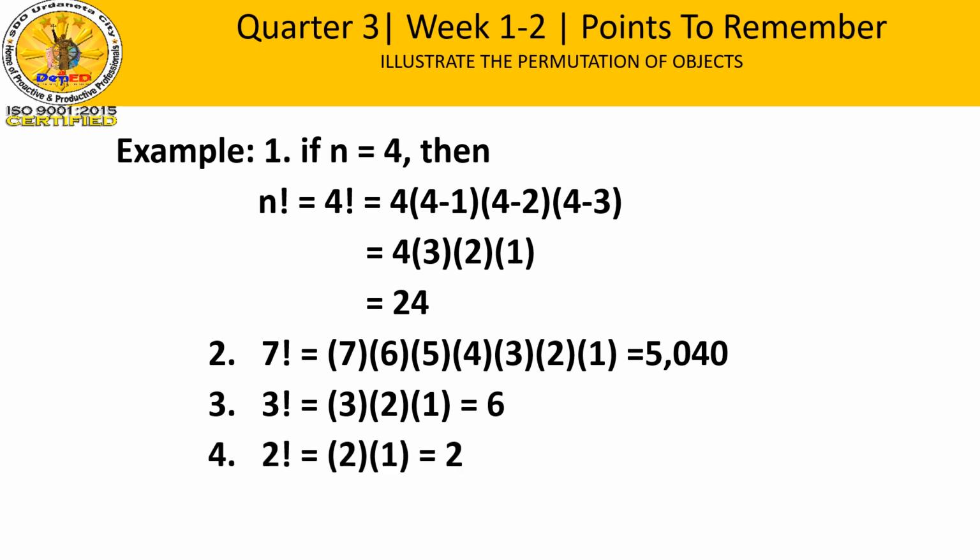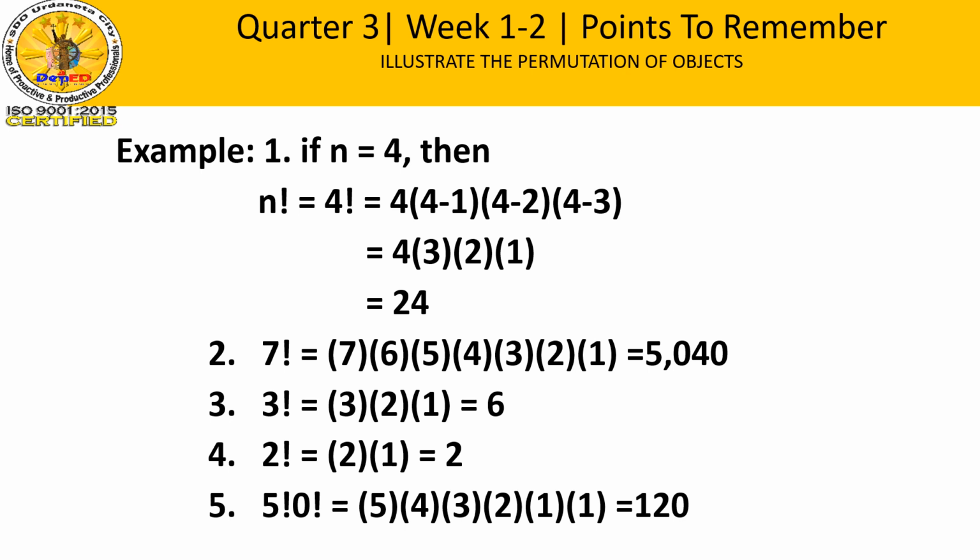Example 4: 2 factorial is equal to 2 times 1, which is equal to 2. Example 5: 5 factorial times 0 factorial is equal to 5 times 4 times 3 times 2 times 1 times 1, which is equal to 120.